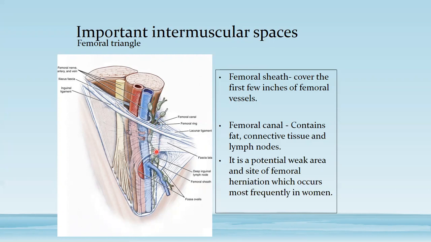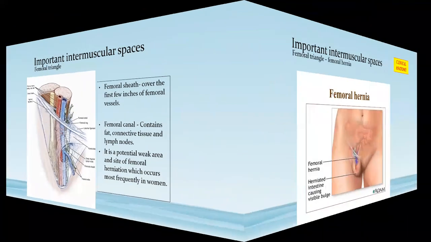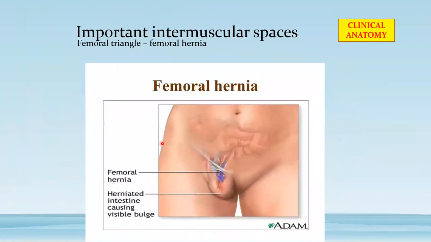It is a potential weak area of the femoral triangle. Because of this, femoral hernia, which occurs frequently in women, can easily happen in this area. The herniated intestine causes a visible bulge around the femoral sheath and femoral canal.